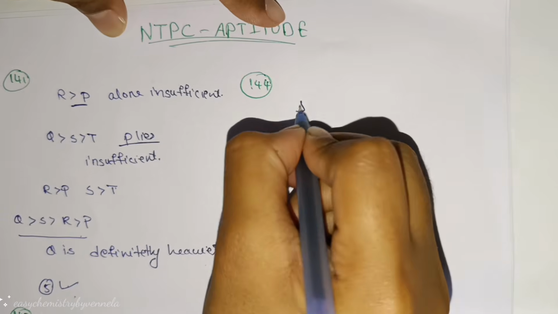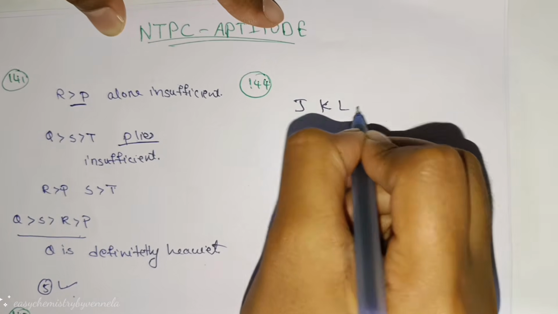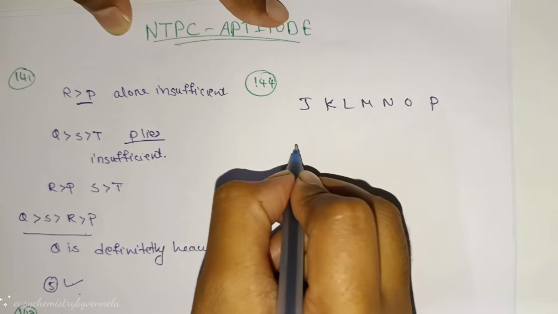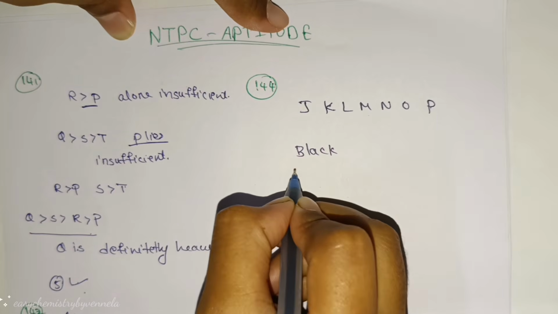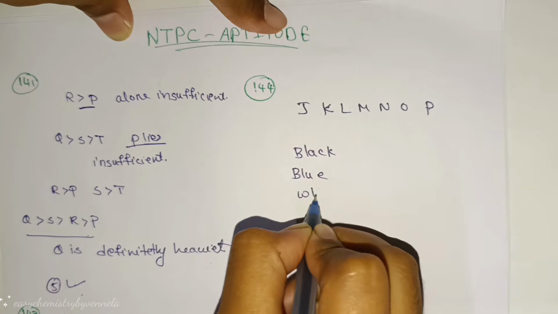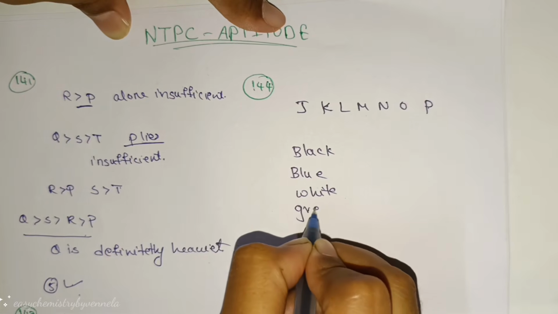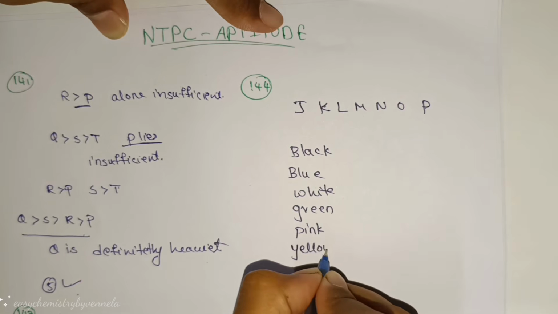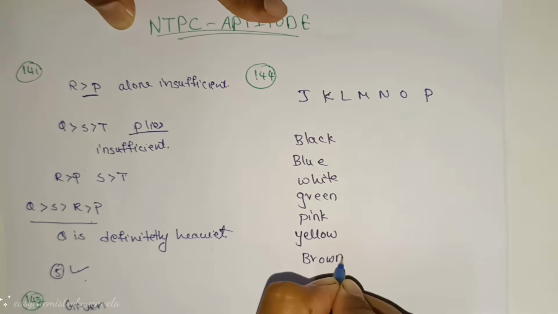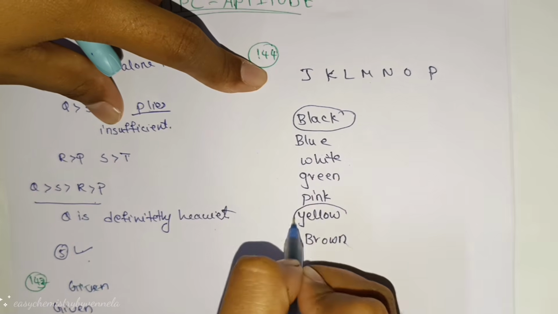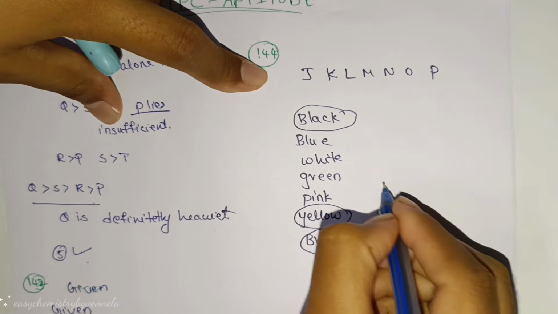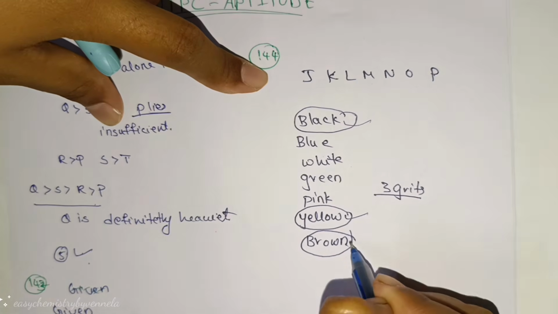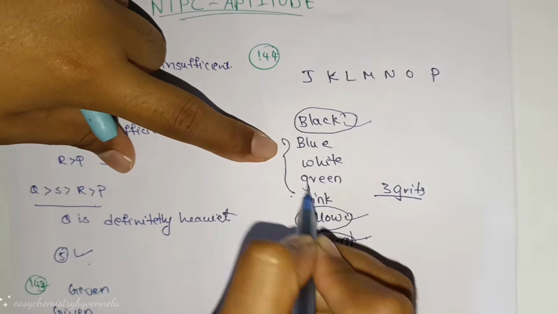Here J, K, L, M, N, O and P, 7 kids are there. The colors they are wearing: black, blue, white, green, pink, yellow, brown. 3 girls are there. These 3 girls are not wearing black, yellow or brown, so the rest of these colors.